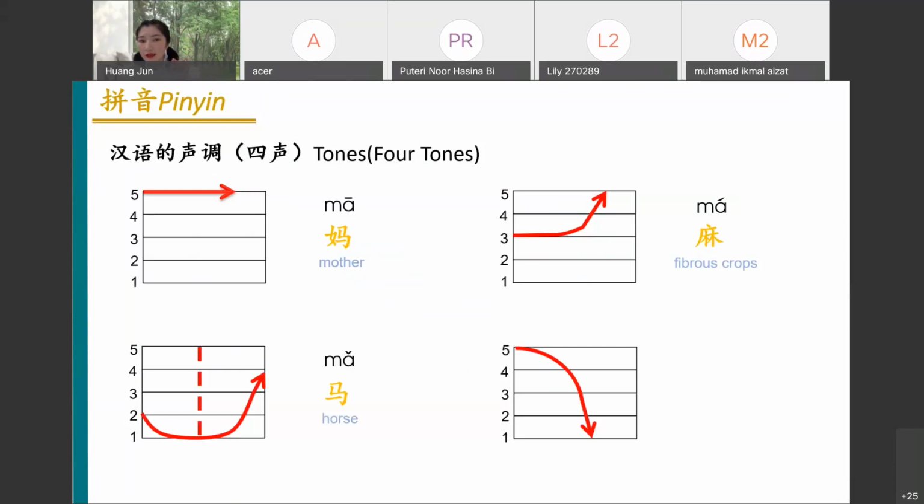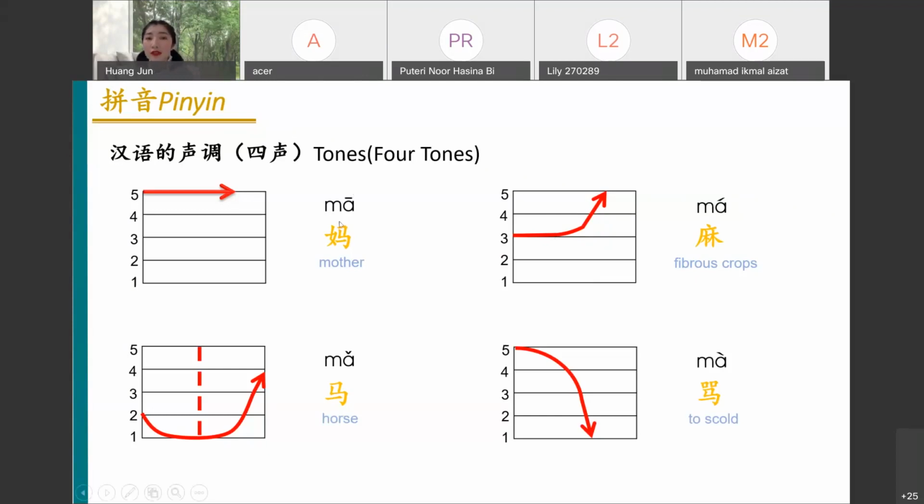The fourth tone, your voice will jump from high to low very fast. Then these tiny symbols are the tone marks you have to remember. This is the first tone, second, third, and fourth. When you read them, you can use your head to help you. Like the first one is very stable.